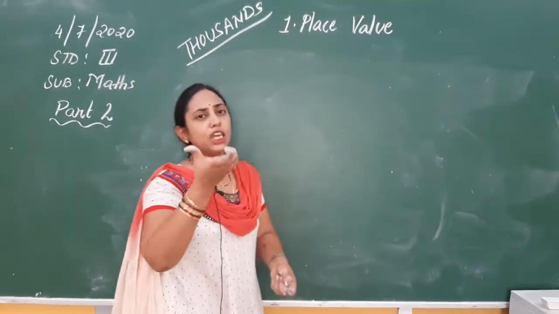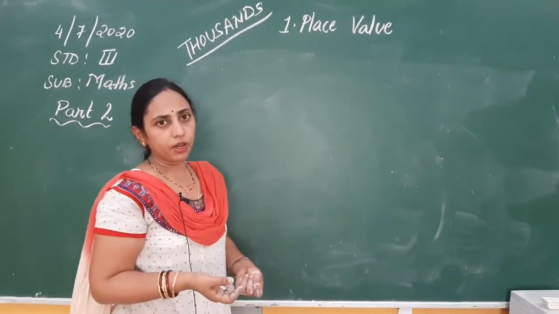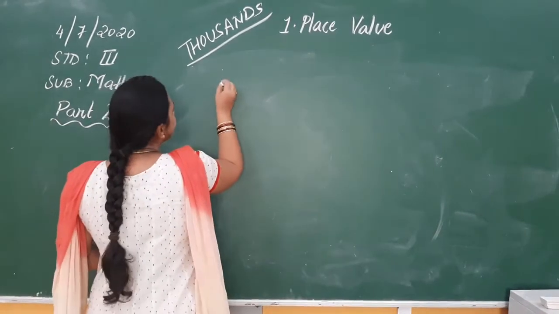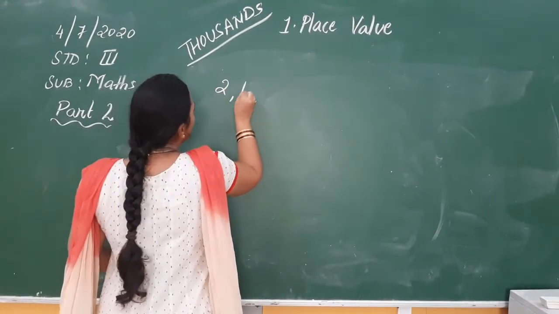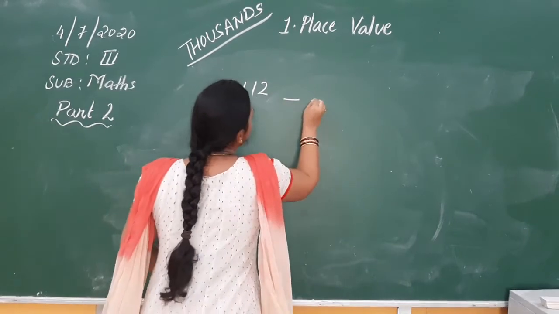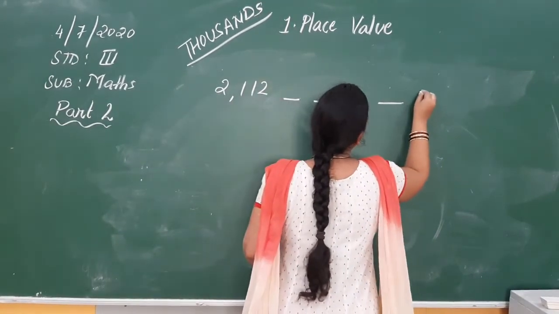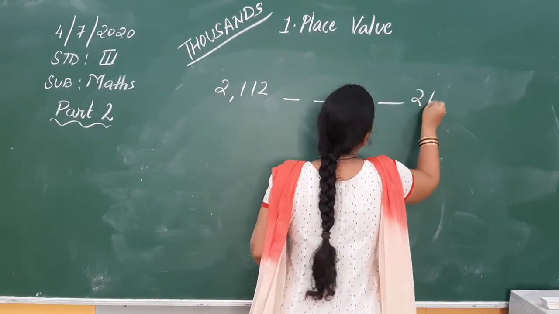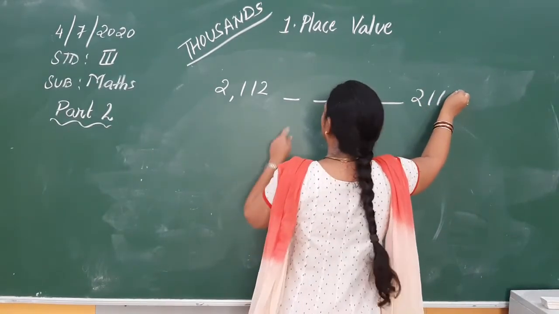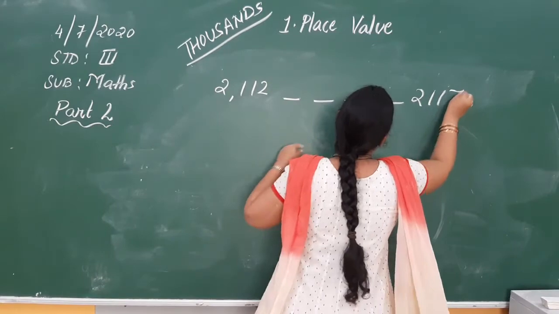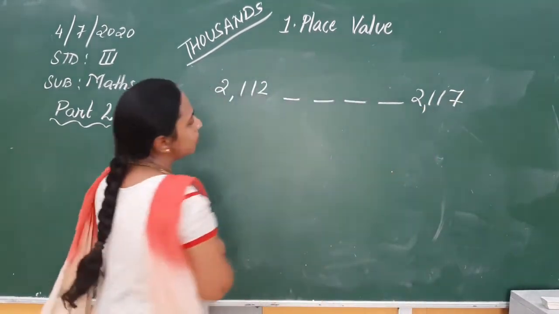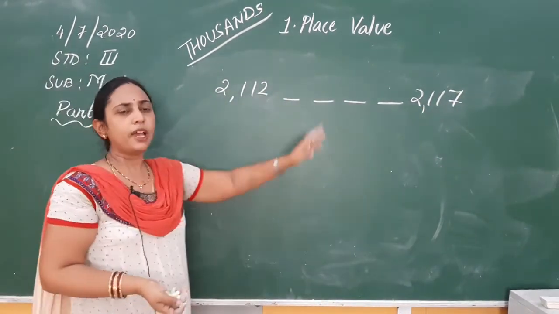Suppose we have to sequence a number. Suppose I am having 2112, blank, blank, blank, blank, and then 2117. Now, I ask you to fill the blanks.